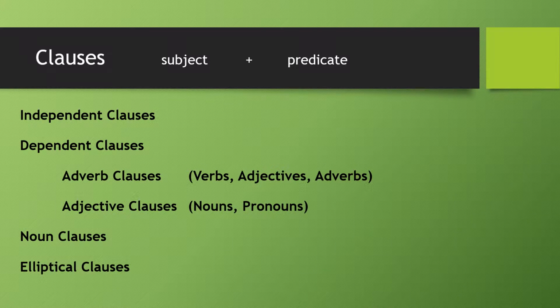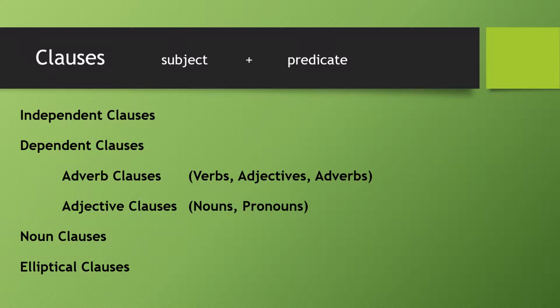Clauses come in different types, different categories. An independent clause is a clause that can stand alone as a sentence. It doesn't need anything else to complete the thought. Whereas a dependent clause cannot stand alone as a sentence. Even though it contains a subject and a predicate, it does not complete a thought.